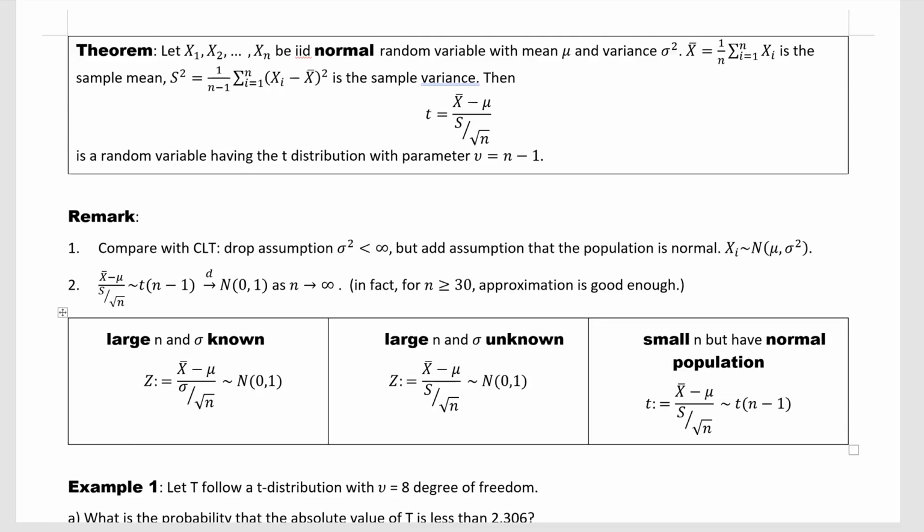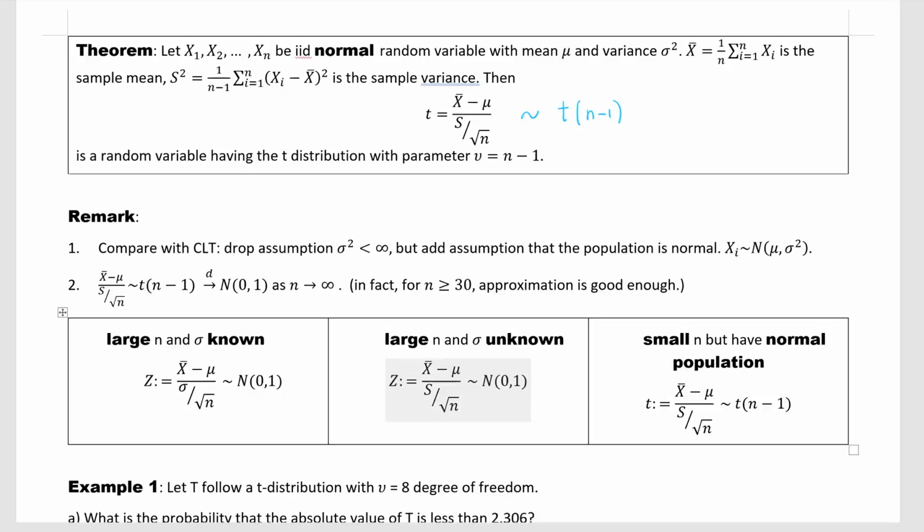Then (X bar minus mu) over (S over square root of n) is a random variable having the t-distribution with parameter nu equals n minus 1. So this is a t-distribution with degrees of freedom n minus 1.